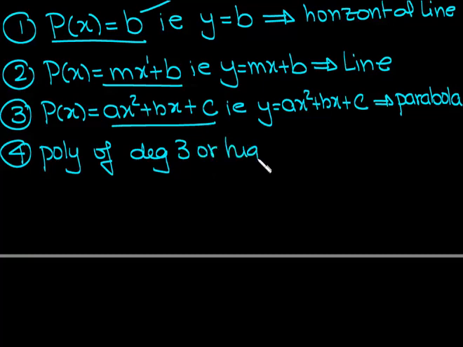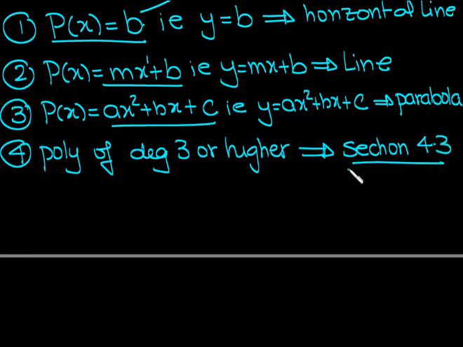We already know how to do all the other degrees so far. Degree 0, degree 1, degree 2. So what happens if you have a polynomial of degree 3 or higher? That's where this section comes. So that's what we're going to learn today. Section 4.3. Okay, so today we're going to learn how to graph polynomials of degree 3 or higher.